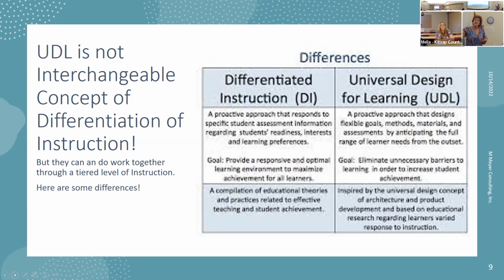And then we also look at a compilation of educational theories and practices related to effective teaching and student achievement. So it's a compilation of things that you can put together for differentiation of instruction. Universal design was inspired by the universal design concept in architecture and product development, and based on educational research regarding learners' varied responses to instruction.